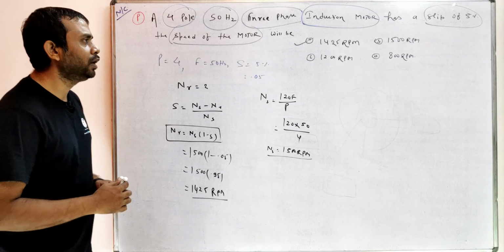So that's why we can say the rotor EMF frequency is simply the rotor frequency, fr equal to slip into supply frequency. As in this question we are given the slip and the frequency, we can find the answer.